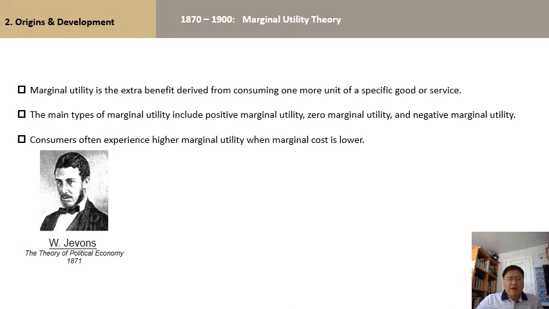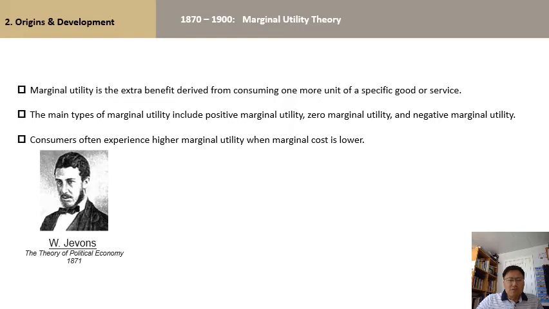The second phase is known as marginal utility theory. It was founded by William Jevons in 1871. Marginal utility is the extra benefit derived from consuming one more unit of a specific good or service.